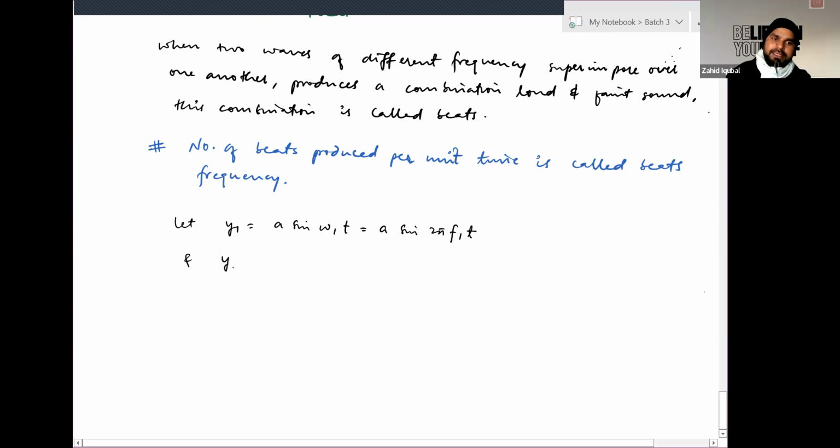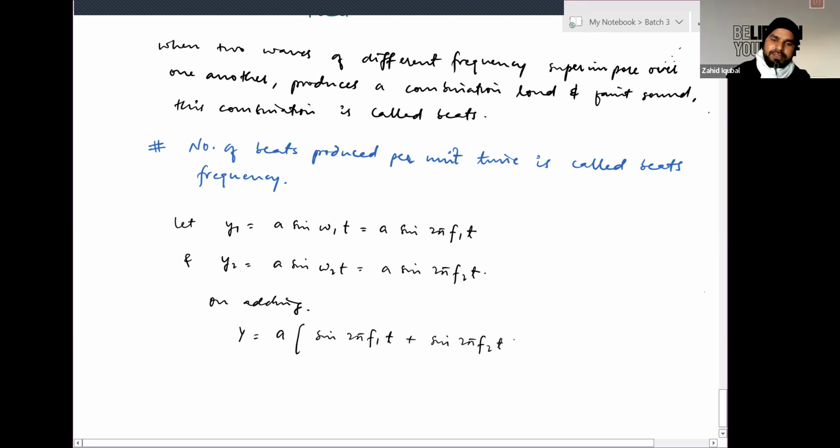And the next wave y2 is a times sine omega 2 t, which is a times sine 2 pi f2 into t. So on adding, y is equal to a being common, sine 2 pi f1 t plus sine 2 pi f2 t.